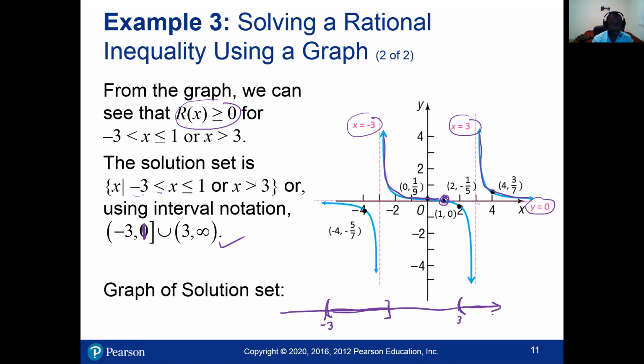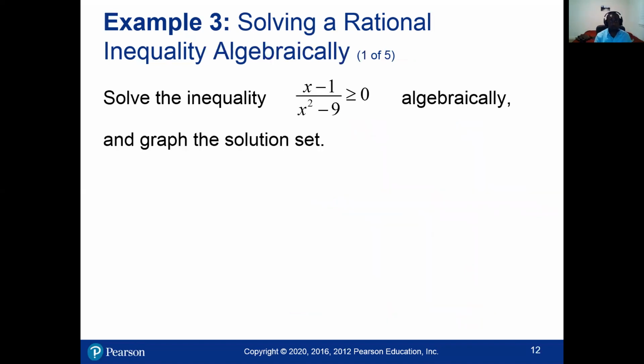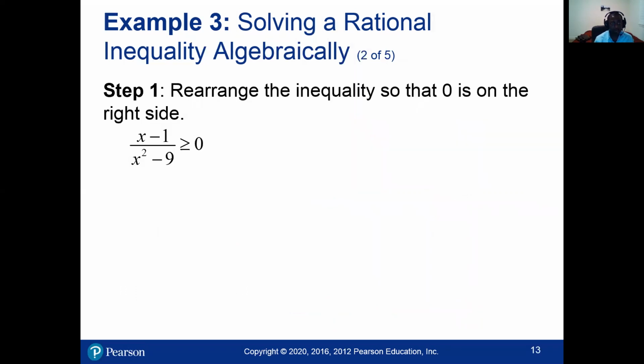Now we want to solve the same thing algebraically and graph the solution set. How do we solve? First, rearrange the inequality and simplify. Well, we already have the 0 on the right hand side, so it's already rearranged.